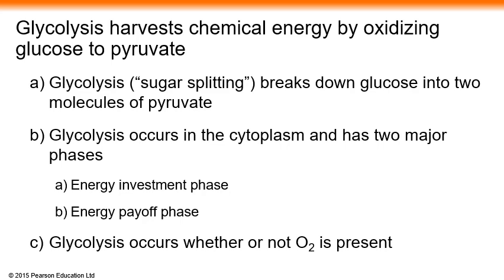Energy investment phase: in the beginning part of glycolysis, they invest ATP. And the second part is the energy payoff phase, which means they produce ATP. So in the first phase they consume ATP, but later on they produce ATP.